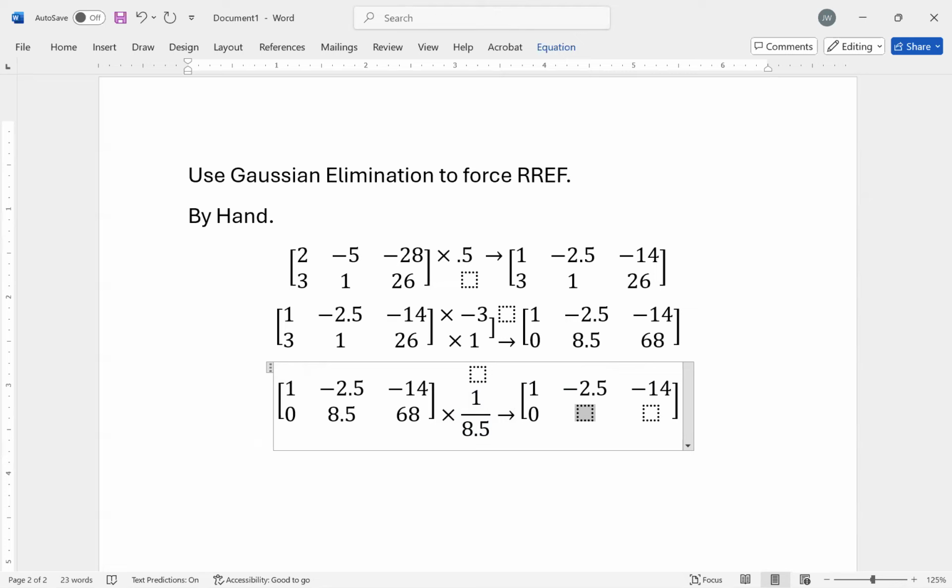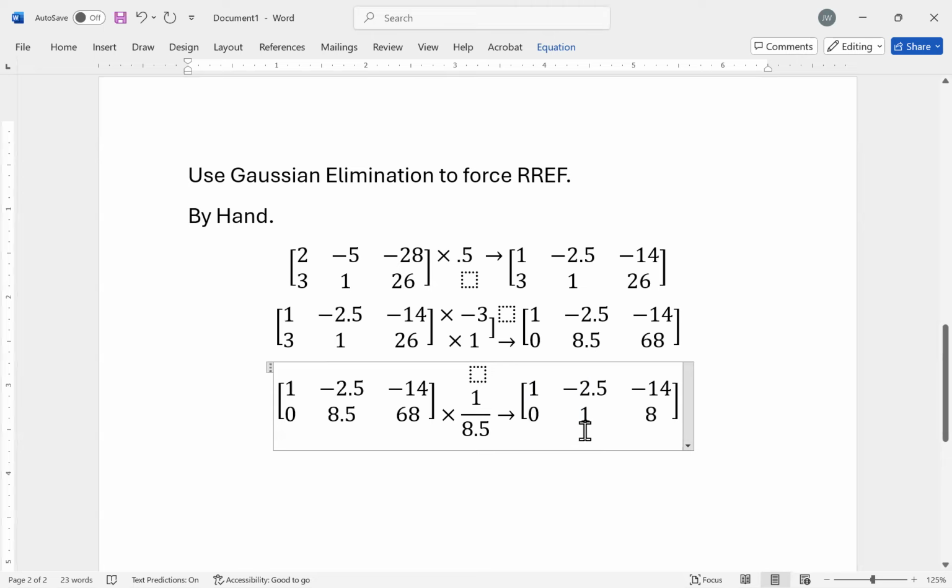Multiplying 8.5 times 1 over 8.5 gives me 1. And then 68 times 1 over 8.5 actually gave me an 8. So I get 0, 1, 8 in my second row.